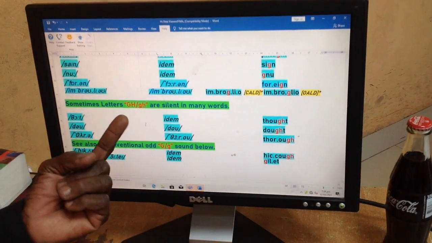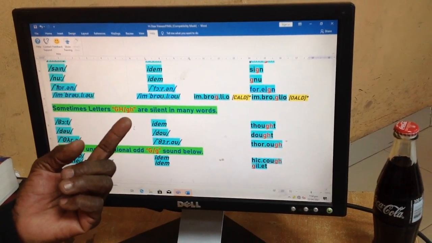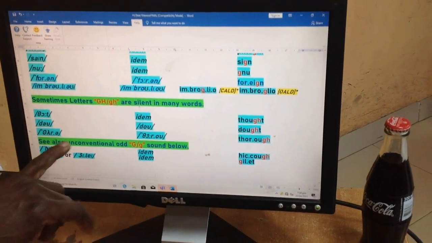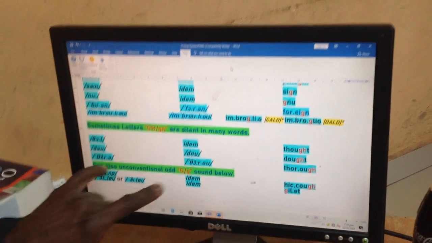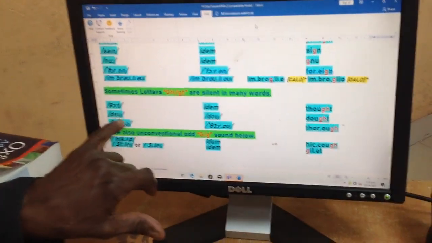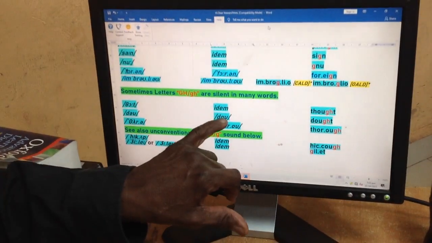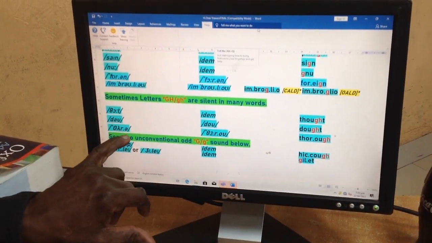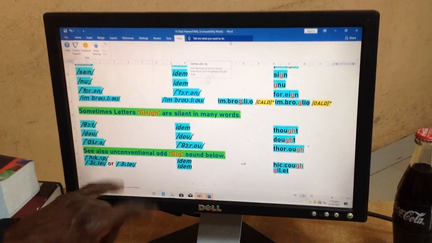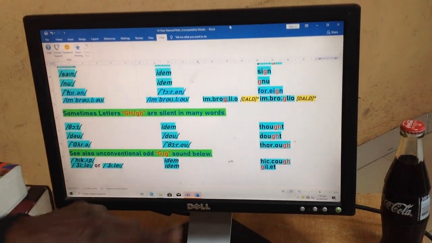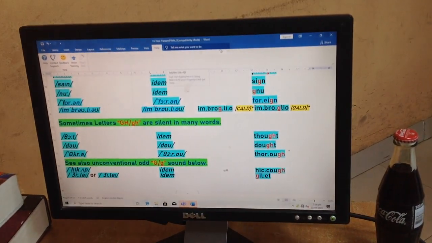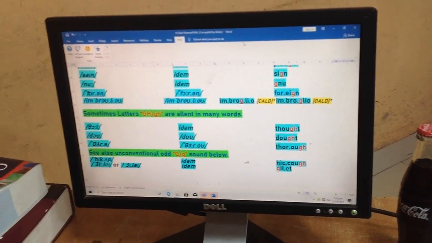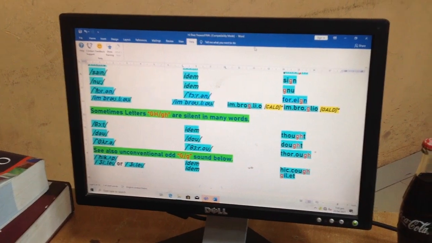Now we come to the GH, combination of G and H, which are silent in these words. Thought, though. Look at how they change. Here we have the schwa and there we have the schwa, and so we have though. And so thorough, they are silent. Then we come to G and conventional sound. You know, we are just from saying that sometimes we write different letters and they produce odd sounds.